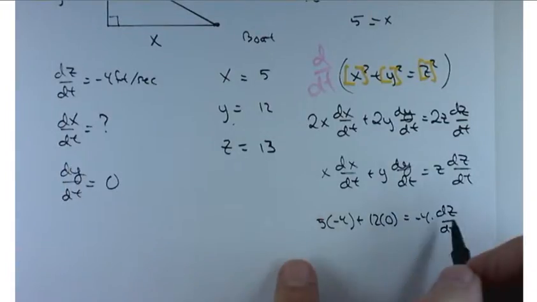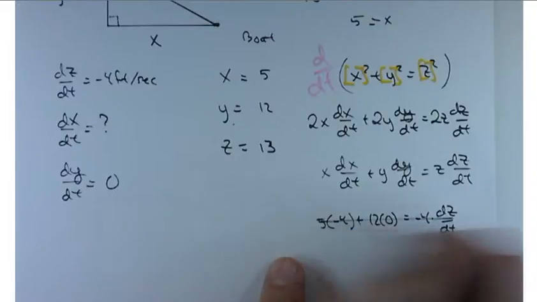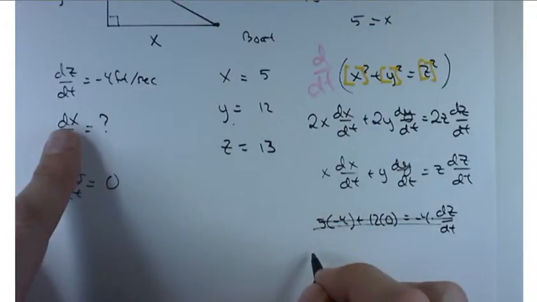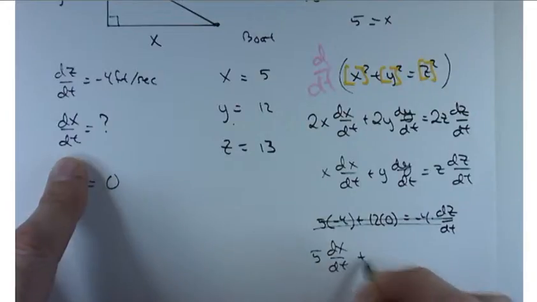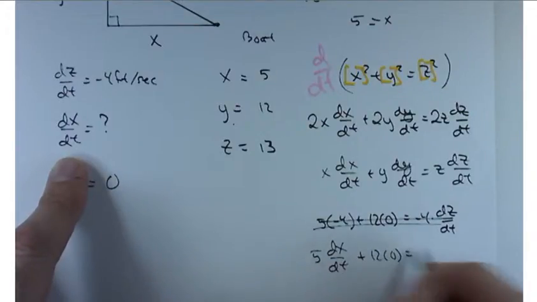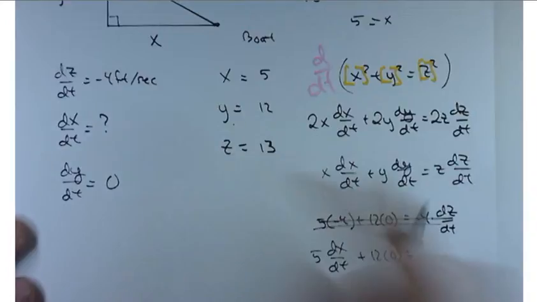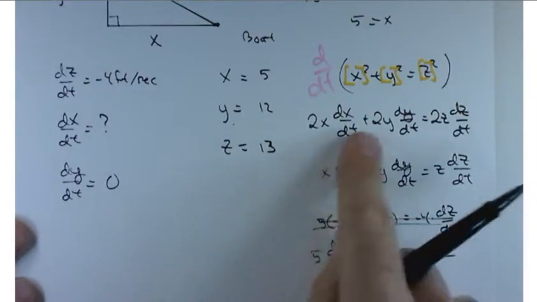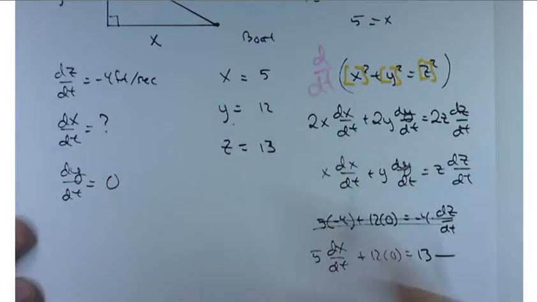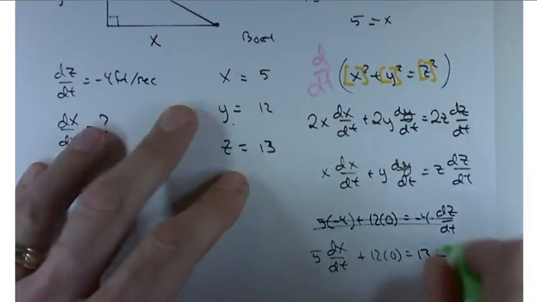I got these backwards. Let's try this again. 5 times dx by dt plus 12 times 0 equals 13 times dz by dt, which is negative 4. So 13 times negative 4.